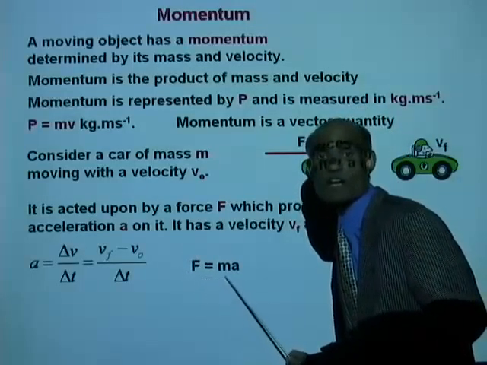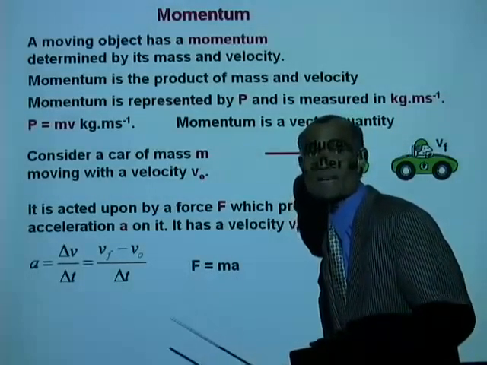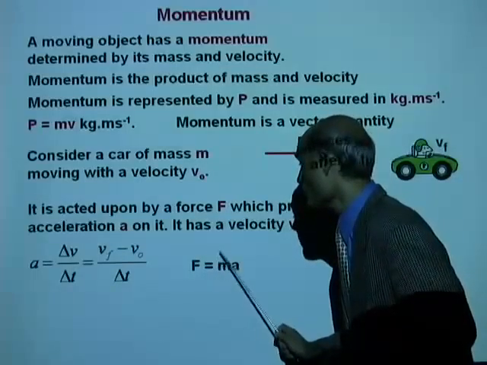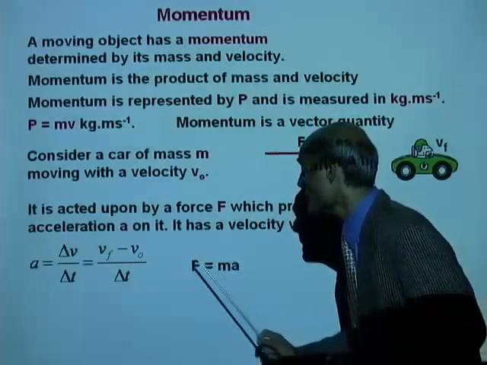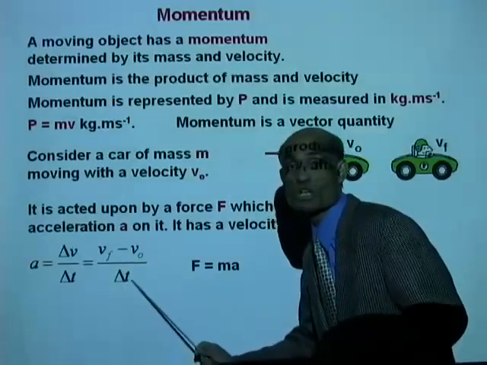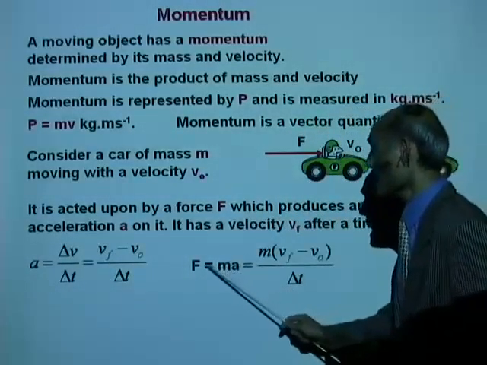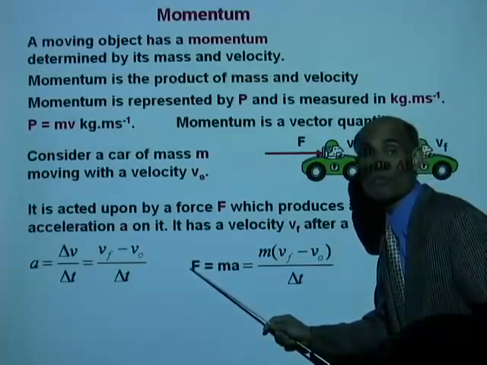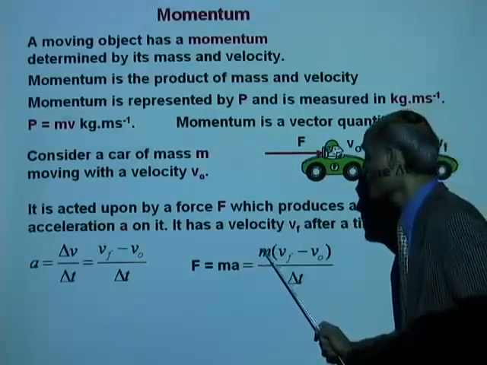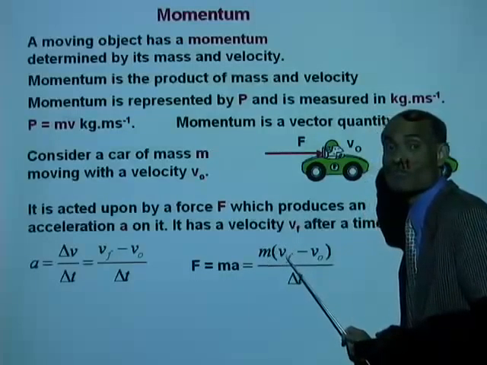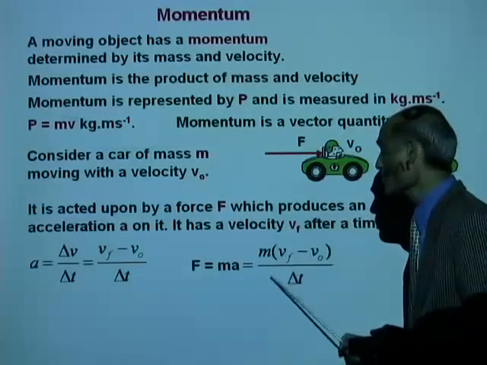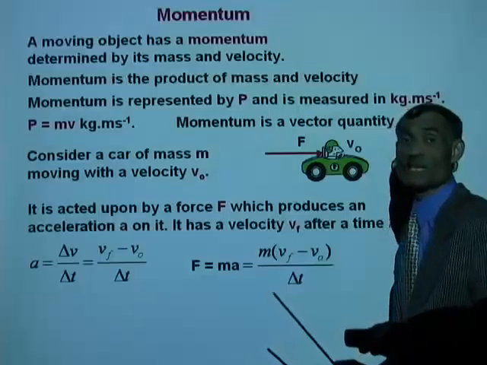But you know that F equals ma. So, if I now replace this a by this quantity, (vf minus v0) over delta t, I can now write F, the force applied on this car, is mass times (vf minus v0) divided by delta t.